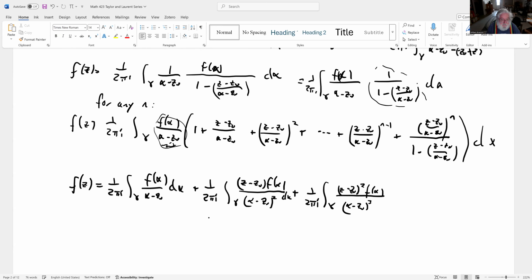Remember, we're distributing this alpha minus z0, so we get 1 here, 2 alpha minus z0s there, 3 there.